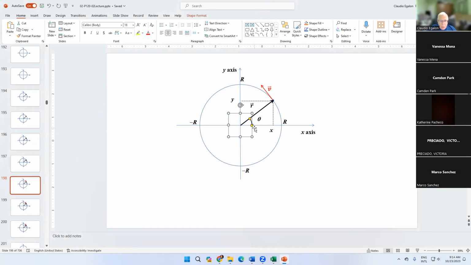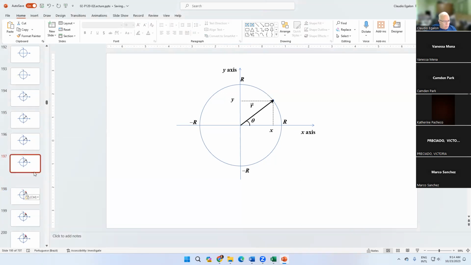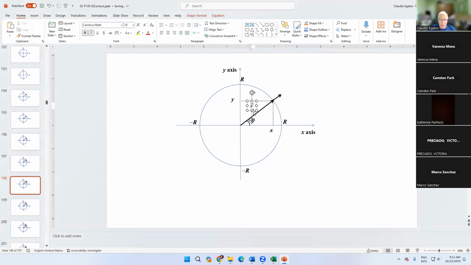One more thing that I didn't do in this drawing, and I'm going to do before I move on to the velocity vector, is show you that by the same token that we have the x hat and y hat in the Cartesian coordinate system, we also have the corresponding unit vectors in the radial coordinate system.